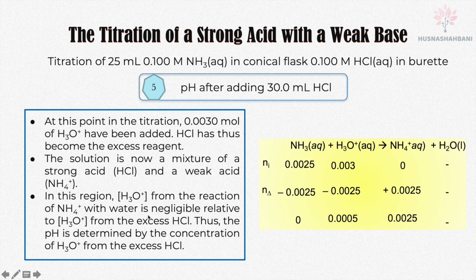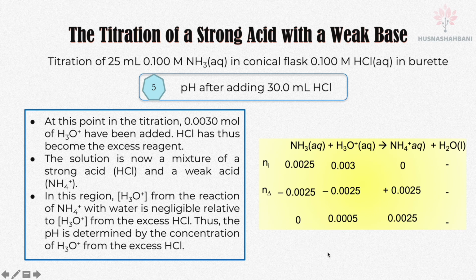We only take into account the H3O plus from the excess HCl. So you ignore the number of moles of NH4 plus, because we don't take into account this H3O plus from NH4Cl. We only take H3O plus from the strong acid, not from the weak acid.